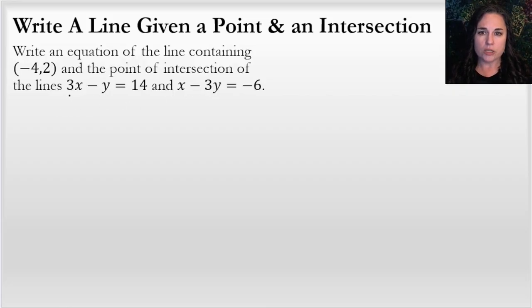So these aren't in slope-intercept form, are they? And I might say that's okay. You might feel, from the slide that I showed you just previously, that you want to get them to y equals. But what I'm going to do in this situation, because they're in this form, is use the technique where you just add equations. 3x minus y equals 14. x minus 3y equals negative 6.